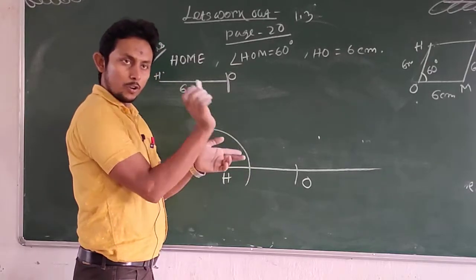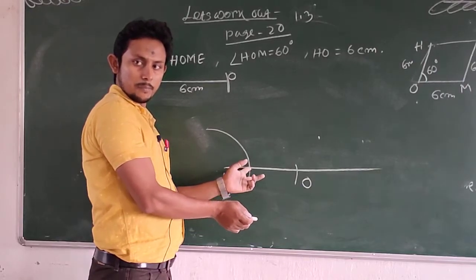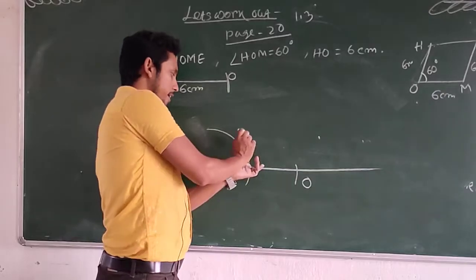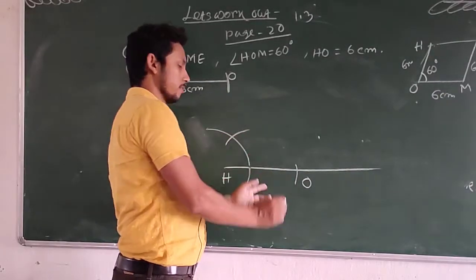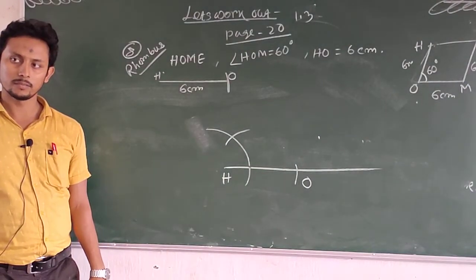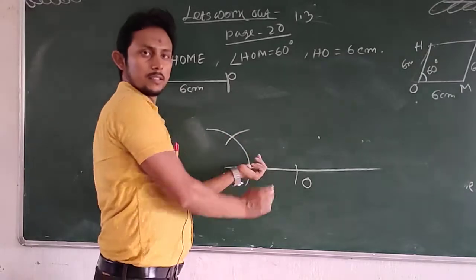Don't change the measure. Put the compass where it is meeting, and draw another arc. So here we have drawn this and then cut these two.